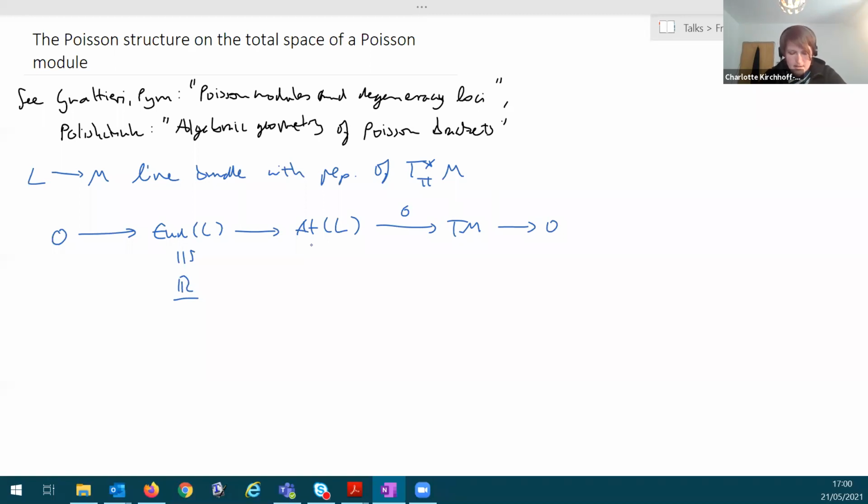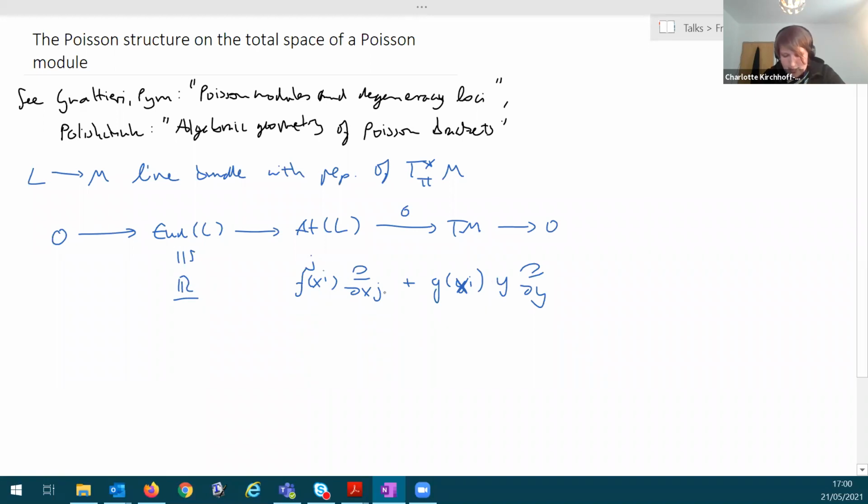So by linear vector fields on L, what we mean is vector fields of the form: if x_j are the base coordinates and y is the fiber coordinate, then we should have something like this. This is locally what a linear vector field looks like.